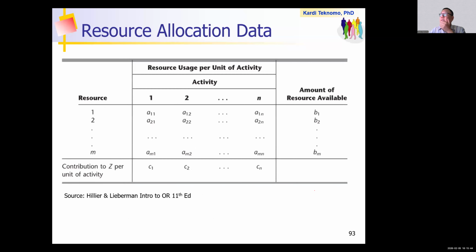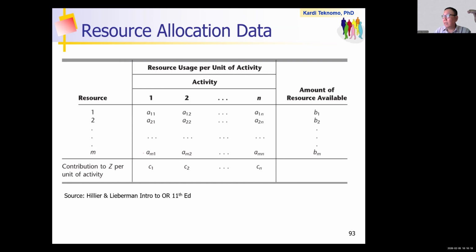Can you see my screen? So this is the table that is probably useful for you. This is if you want to see what kind of problem I can deal with. So you have some kind of resources, and then you have the resource usage per unit of activities. Then you have n activities.